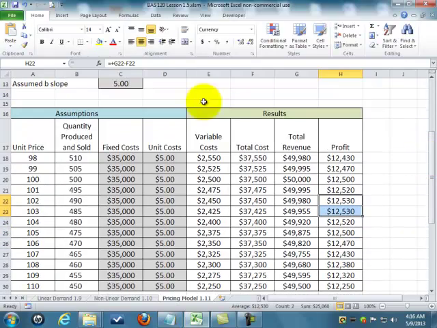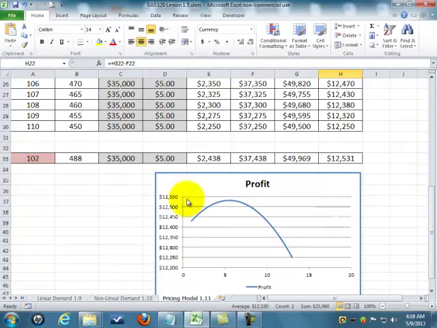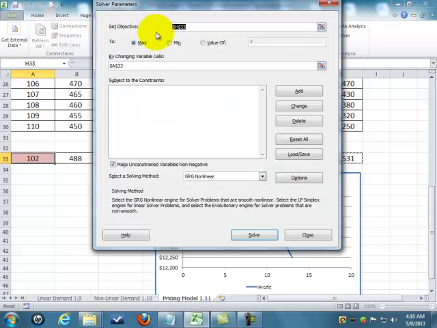Now, you can do it by trial and error up here. Another way you can do it is you can add in the analysis pack, which I'll show you. You go to Data, Solver, and you say, set the objective: I want my profits to be maximized by changing my price. I just put those cells in there.